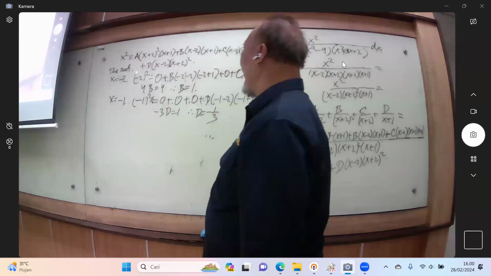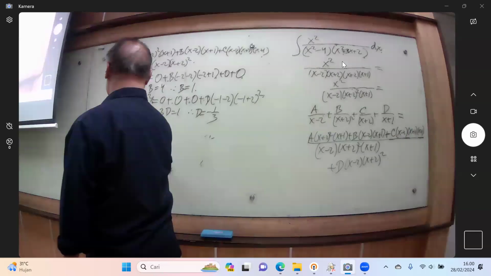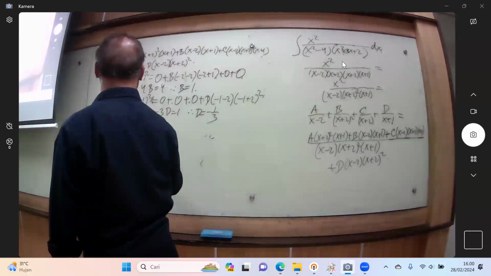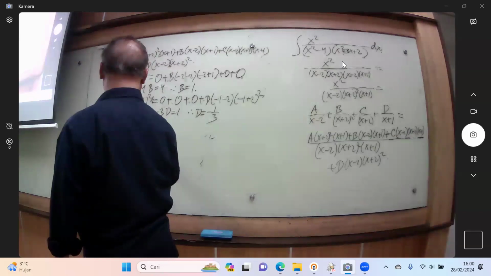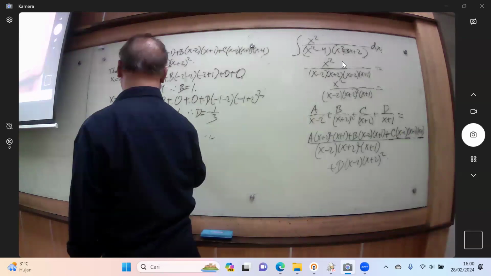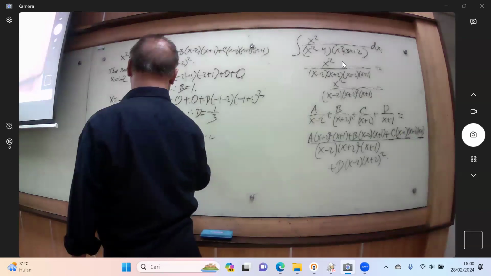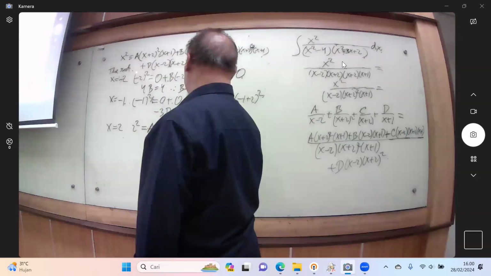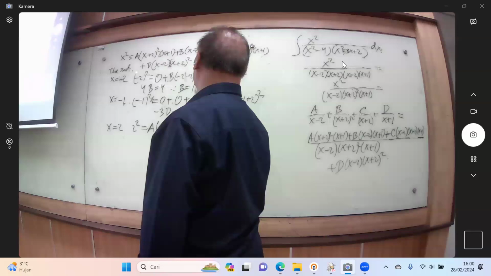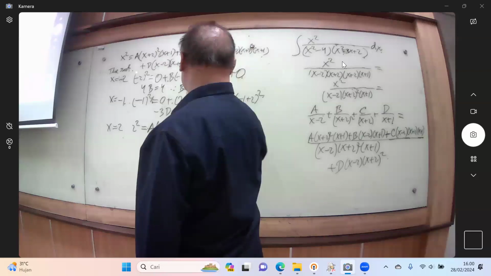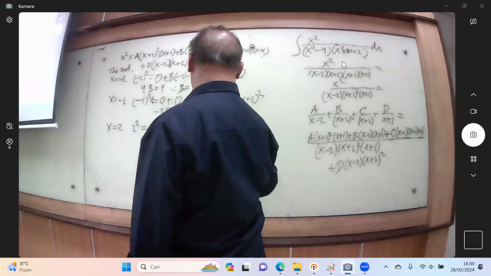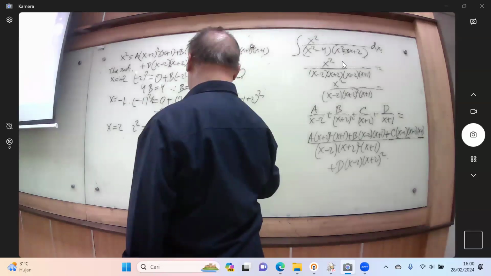Another root is x equals 2. So 2 square equals A, 2 plus 2 square, 2 plus 1. And this one is 0. This one contains x minus 2 which is 0, and also D is 0.